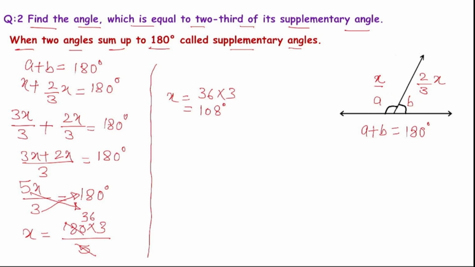So the value of X is 108 degrees. And the value of 2/3 of X is 2/3 times 108. So 108 over 3 is 36, and 2 times 36 is equal to 72 degrees.